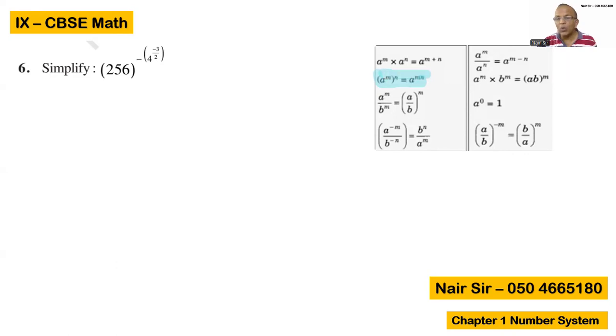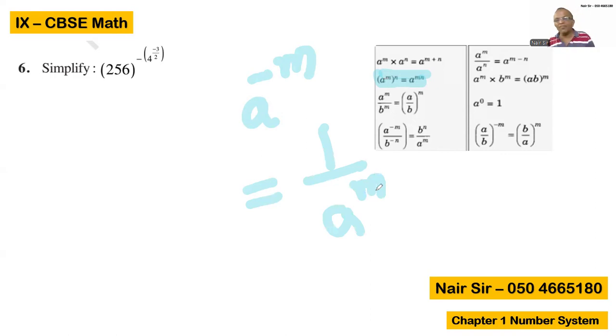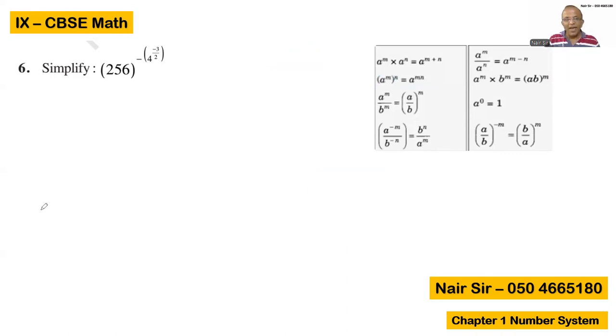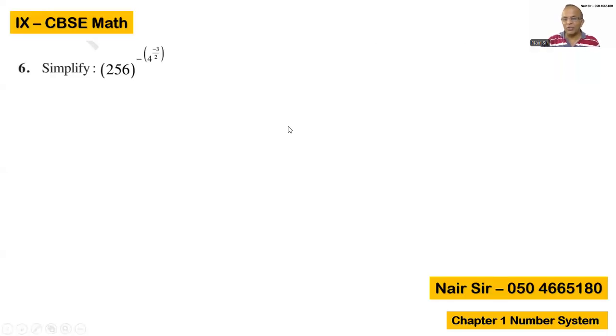And number two, I get something else also, that is a raised to minus m, which I can write as 1 upon a raised to m. These are the two things which I will be tested on. Let's erase this off and start getting into the number game.